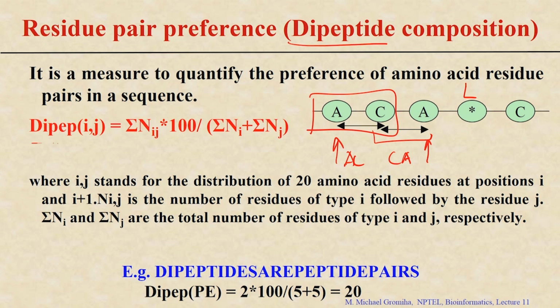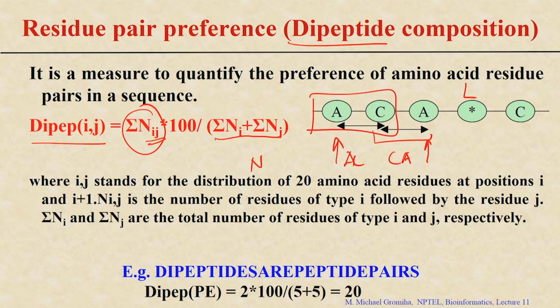If you see the dipeptide of i, j, then you can see Nij, the number of times residue i comes next to j, with i and j from the distribution of the 20 residues. To get the percentage you can multiply by 100, but you can normalize with different factors. Either you can normalize with n as we did in the case of composition.